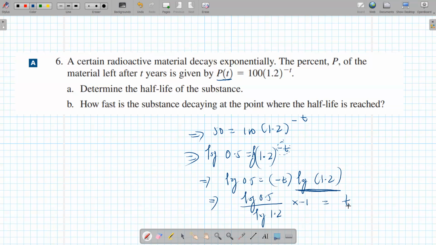Part B, how fast is the substance decaying? What do you think we need to do? We want to find the rate of change. Again, how fast means the rate at which it's decaying, right? So you find the derivative. Do you want to have a go at it? What's the derivative of this? Again, it's an exponential function.